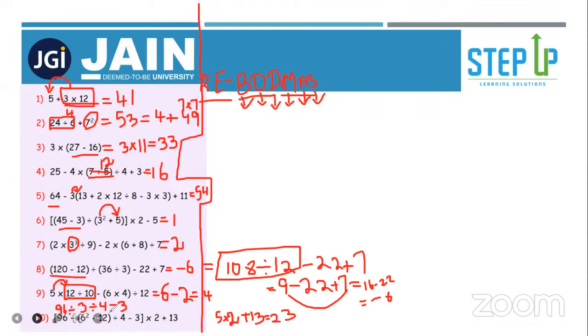So maybe because of this reason, you could have missed the answer. Okay, 96 divided by 6 square minus 12, that is nothing but 3.